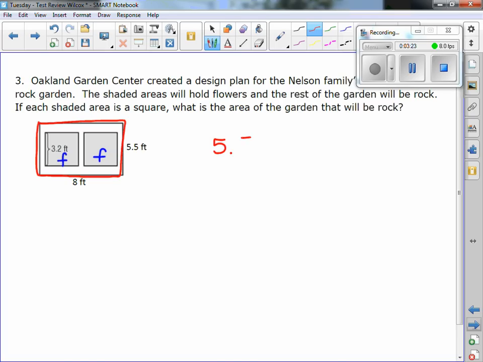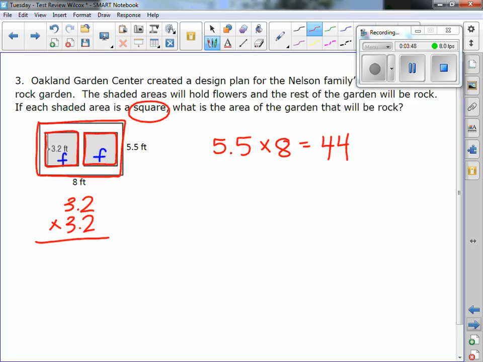So to find the area of the whole entire rectangle, 5.5 times 8 gives me a total area of 44. But we know that these two square sections are not going to be rock, so I need to take those away from the total. We're told that they are squares. So multiplying 3.2 times 3.2 will give me the area of each of those flower sections.